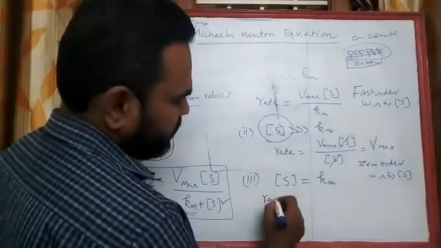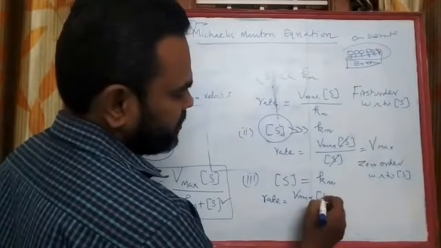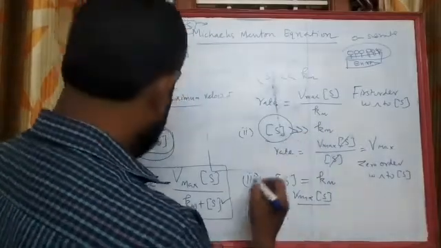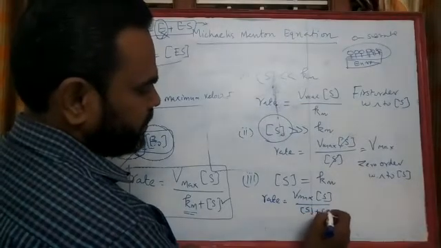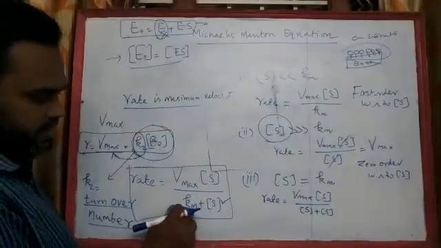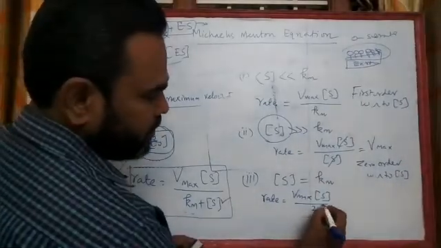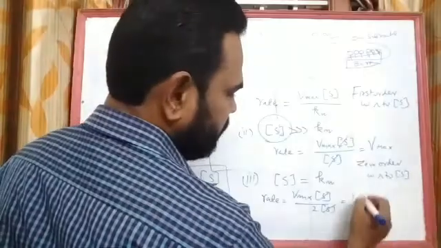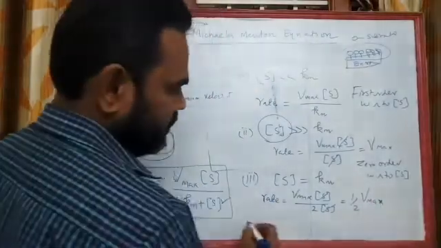Then the rate becomes equal to Vmax into S divided by Km plus S. Since Km is equal to S, and already one S is available, I can write the denominator as 2S. So when I cancel these, this becomes half Vmax.